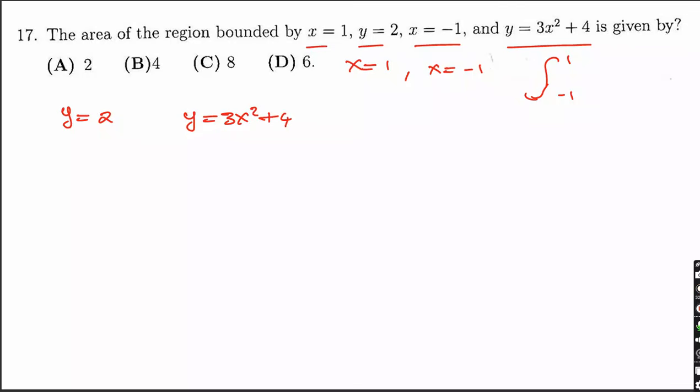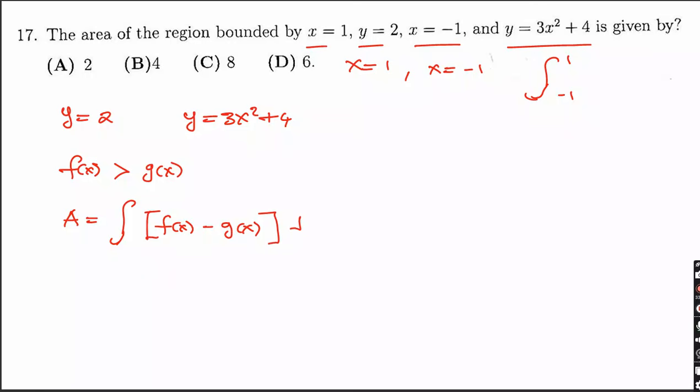So what you need to understand here, if you have been given two functions, f of x and g of x, if f of x is greater than g of x, the area is going to be equal to the integral of f of x minus g of x.